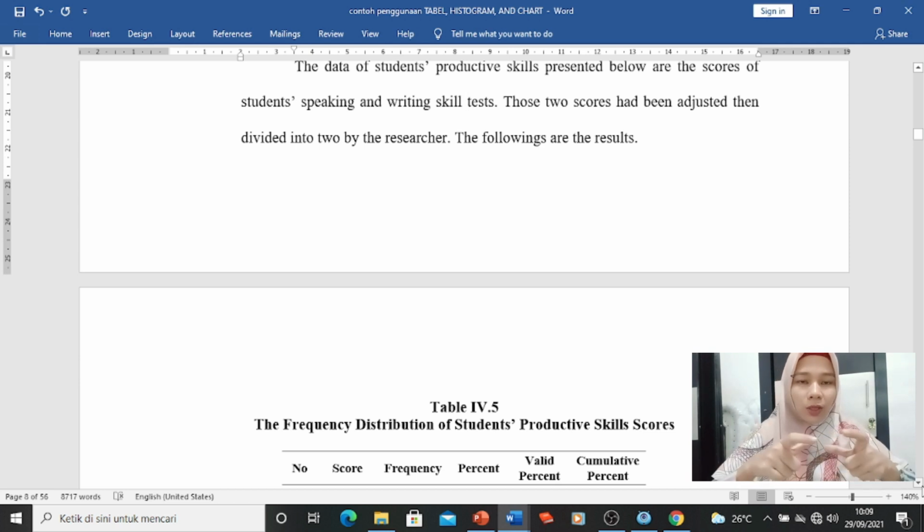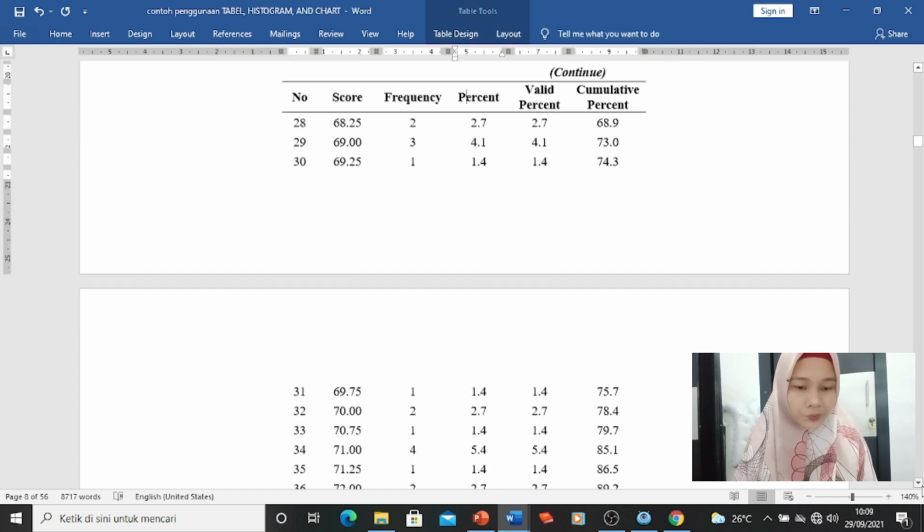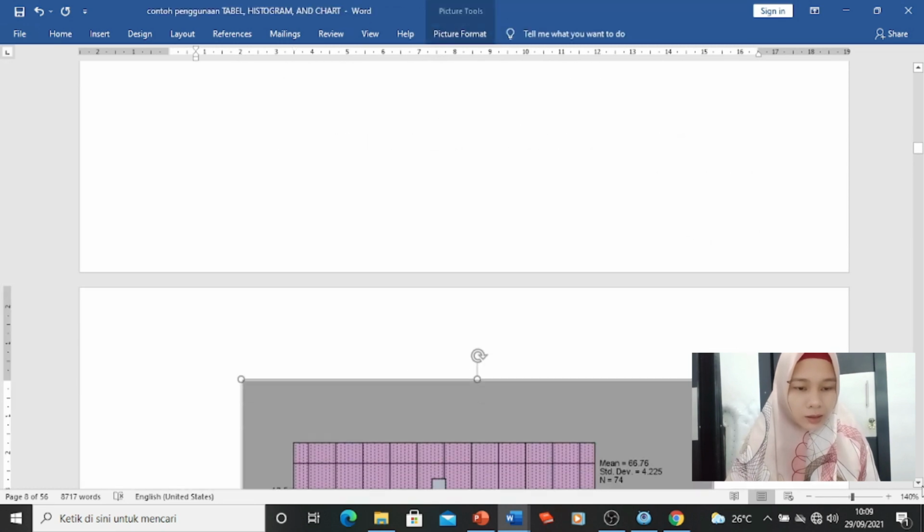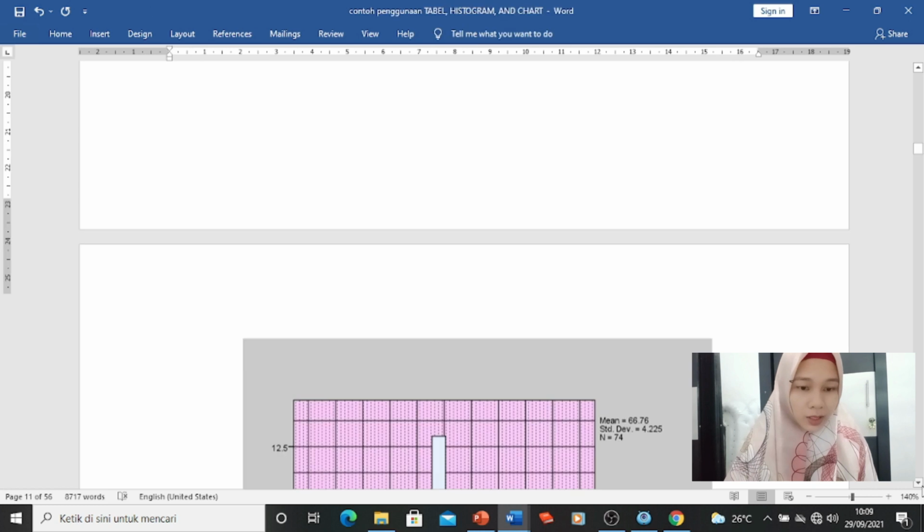So the chart could be stuck together without being separate, as one unity. It depends on your creativity actually.